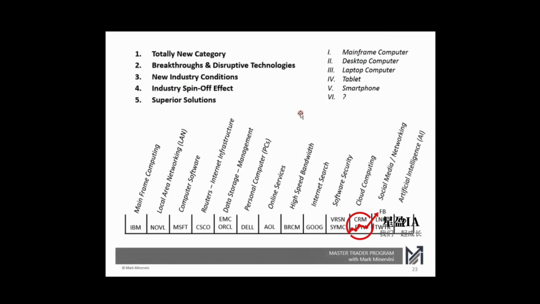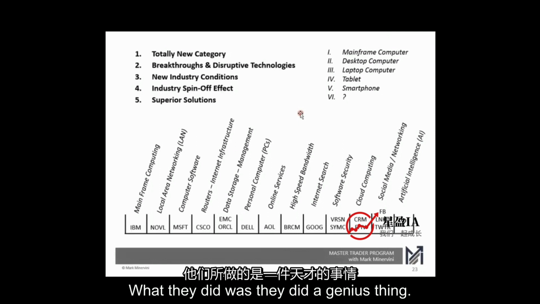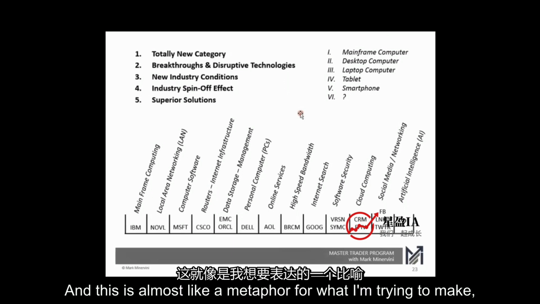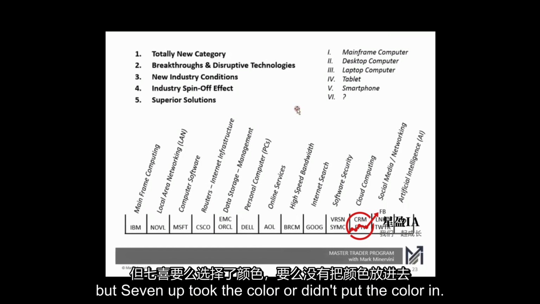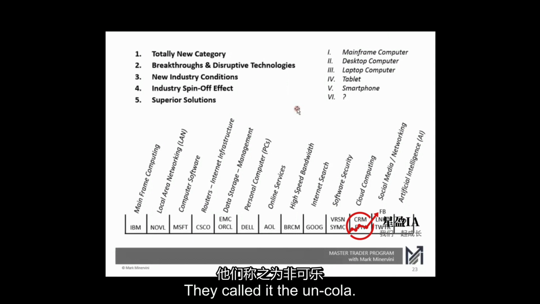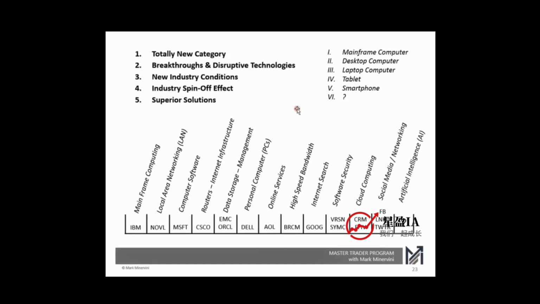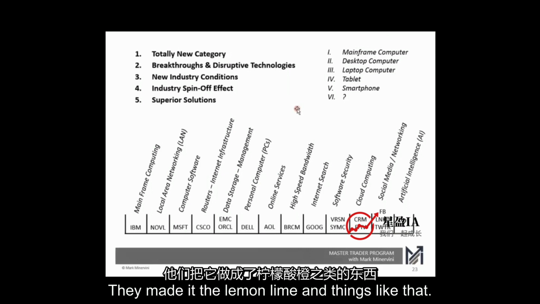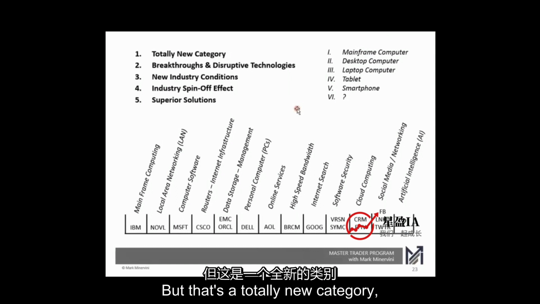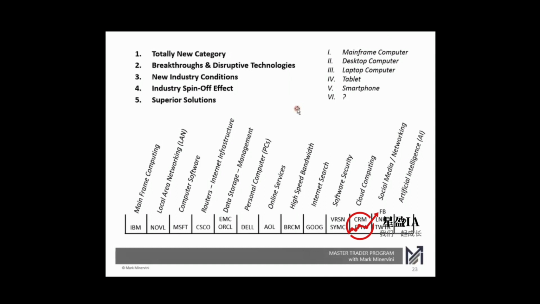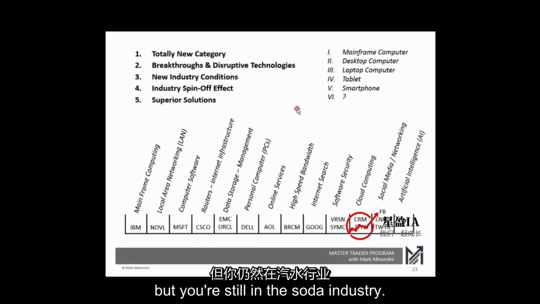So 7-Up did a genius thing, and this is almost like a metaphor for the point I'm trying to make. 7-Up didn't put the color in; they left it clear, and they called it the Uncola. It was the birth of a whole new beverage, basically the clear, and they made it lemon lime and things like that. But that is really a totally new category. But still you're still in the soda industry.